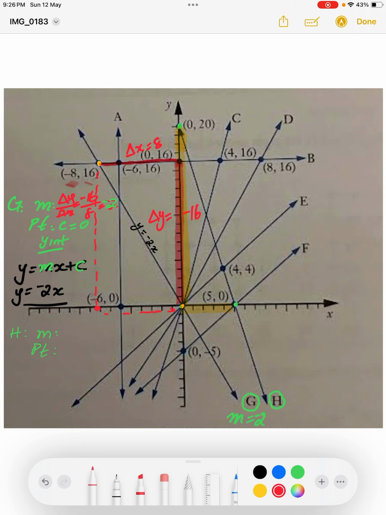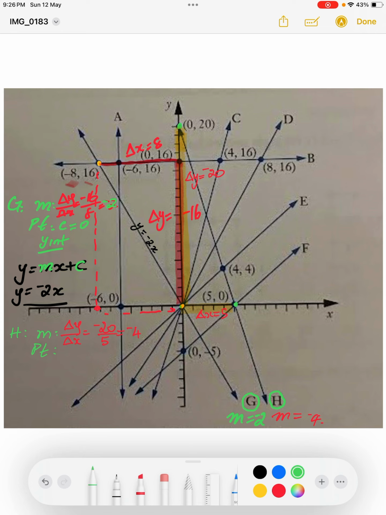So let's write that down as our delta y of that line is down 20, and our delta x is across 5. So delta y over delta x, rise over run. It dropped down 20, it goes across 5, so it's got a gradient of negative 4. So this has a gradient of negative 4.